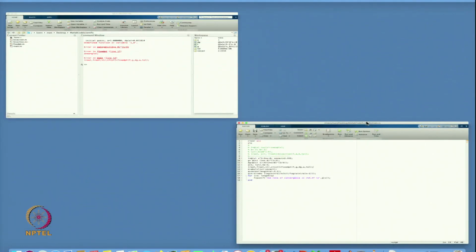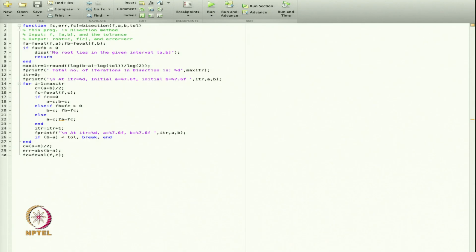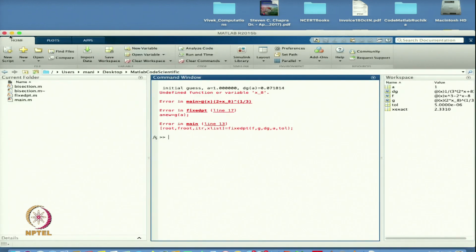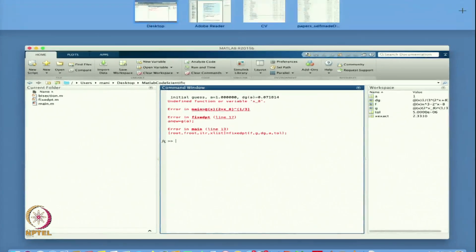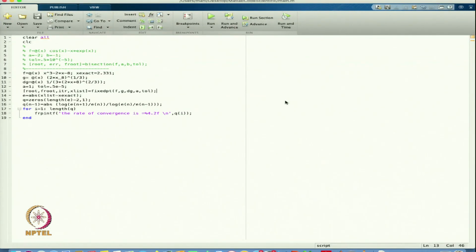and let us see what is the error here. It is showing that the undefined function or variable x8 in the main program. Okay. So, this is a bisection program, so I do not want to keep this program. Maybe this is my main program.